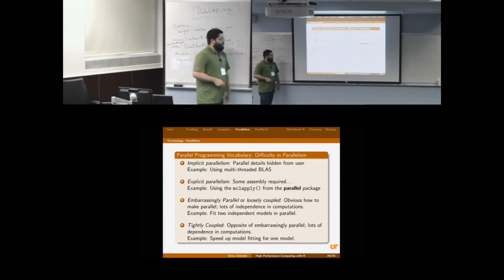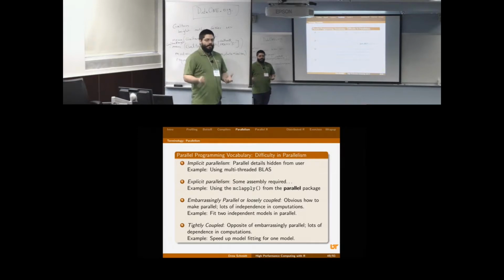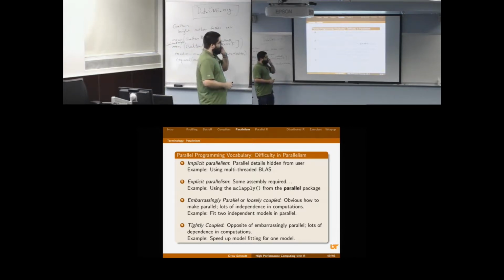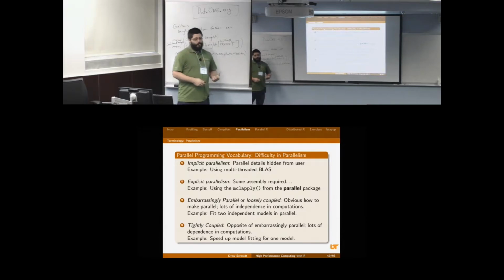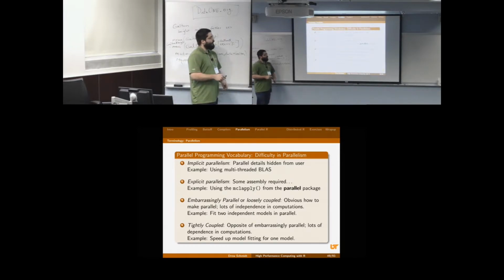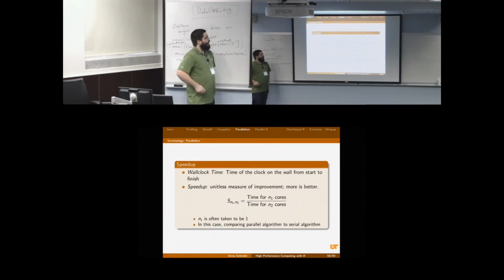A tightly coupled problem would be like, imagine you had one really massive model you want to fit, and you want to speed up the fitting of that one massive model on massive data. That's much harder, and you have to work much harder, and a lot of the parallel R tools are not suitable for that kind of problem. Most of the simple parallel R tools are really more living in this territory and really living in shared memory.